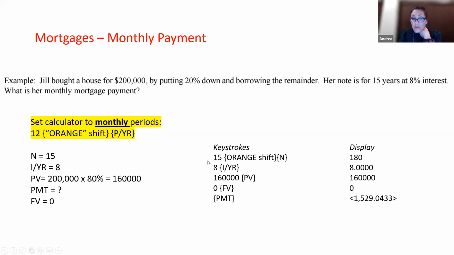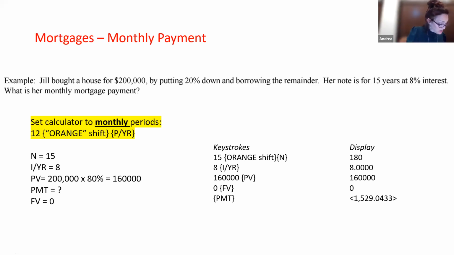So your keystrokes here would be, you're going to hit 15, your orange shift button and end, it's 180 months. And you're in end mode, remember. She's paying 8% per year. She borrowed $160,000. That's her present value. And she's solving for payment. We want to know what her payments are going to be, which is $1,529 a month.